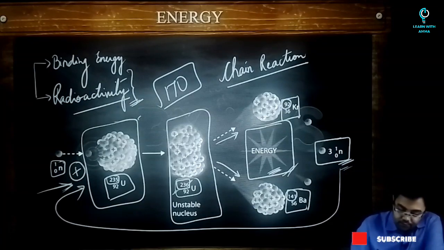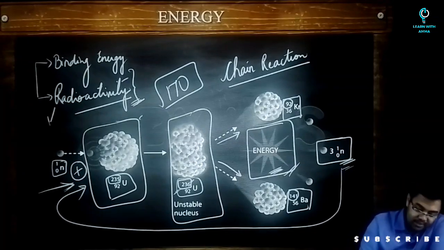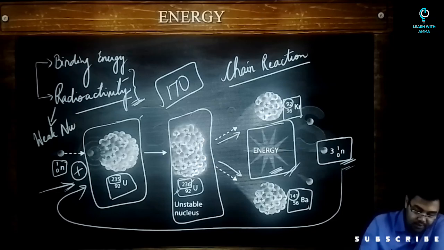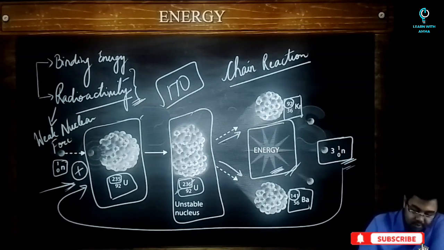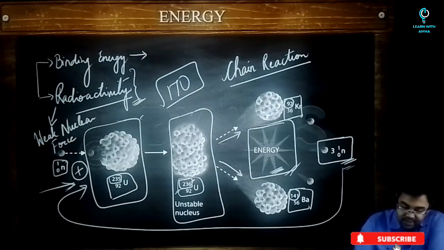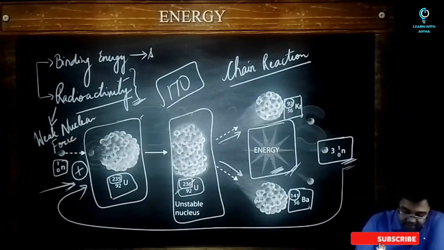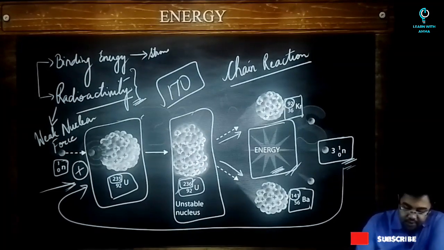That's why the force that is associated with it is a very weak force, something known as weak nuclear force. But when you talk of this binding energy which is very, very high, the force that is associated with this kind of energy is also very high, and that's why this is called strong nuclear force.